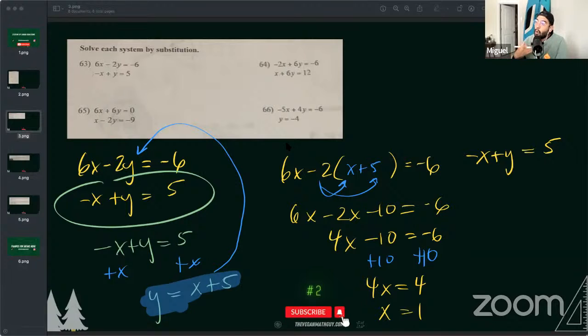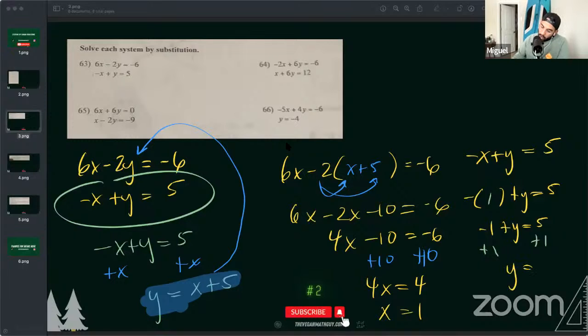And now I plug in 1 for the x. So that's going to be negative 1 plus y is equal to 5. If we're trying to solve for the y variable, let's add 1 to the other side. And we get y is equal to 6.